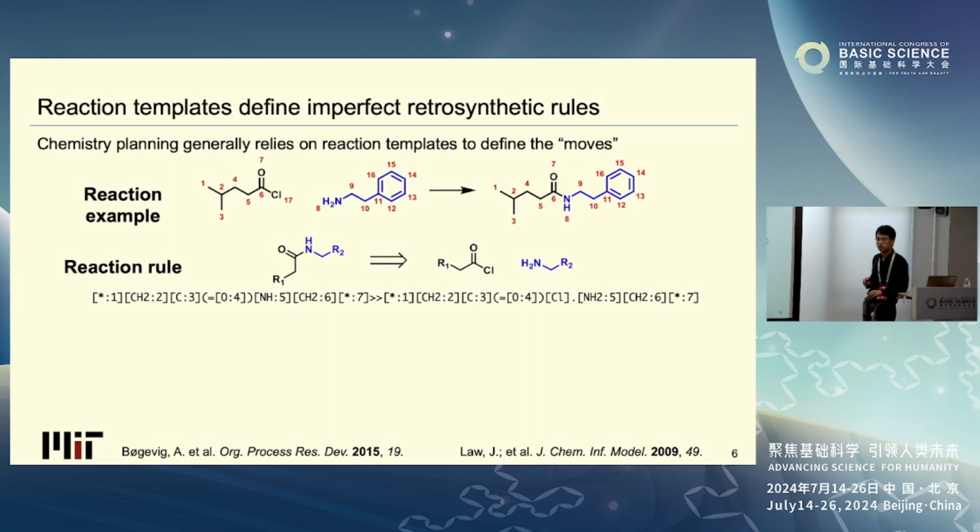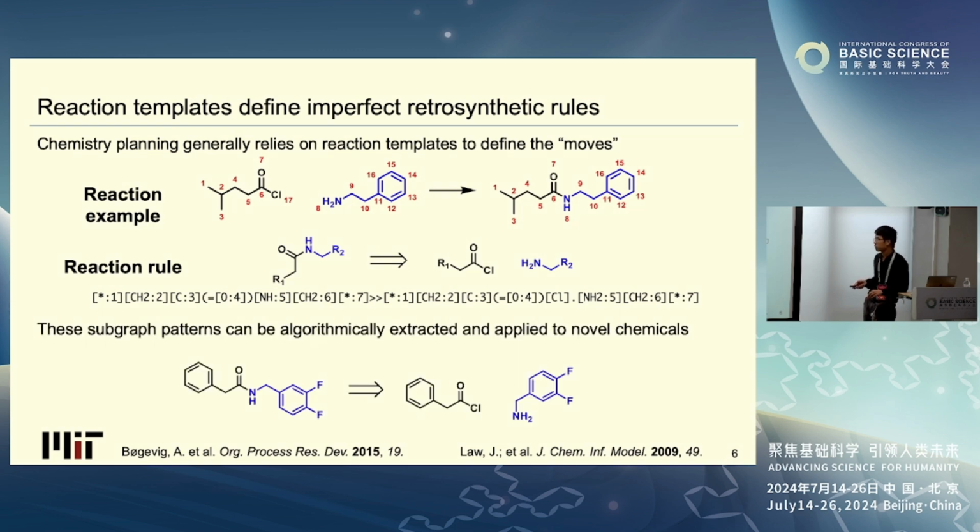Then with this general reaction rule, we can apply it to different molecules. Even if we're not dealing with exactly this molecule, but a different molecule that has this substructure, we can apply the same template to break it down to possible precursors.